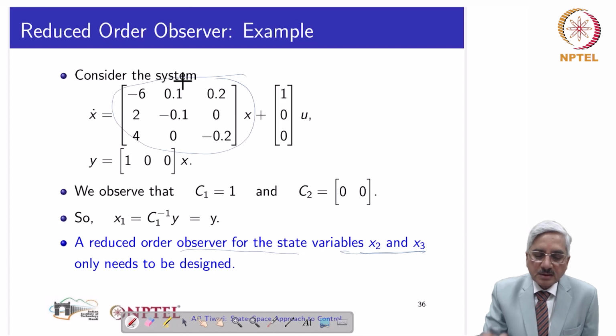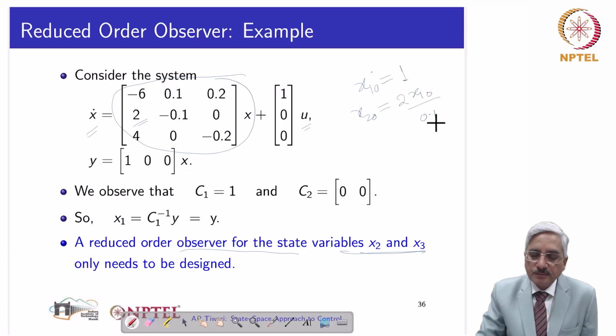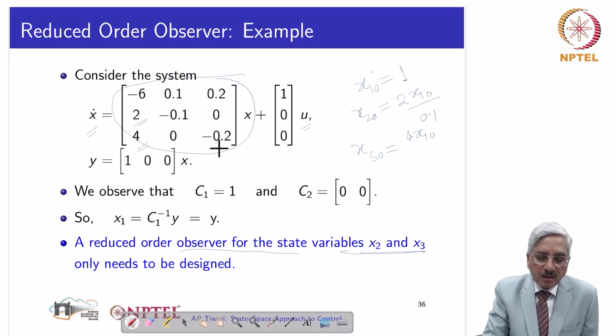And the equilibrium of this system is obtained when u is 0 and x dot is 0. So what we get? This times x0 equal to 0. And you can see that x10 we have to assume, we assume it as 1. x20 will be 2 times x10 divided by 0.1, and x30 will be 4 times x10 divided by 0.2.